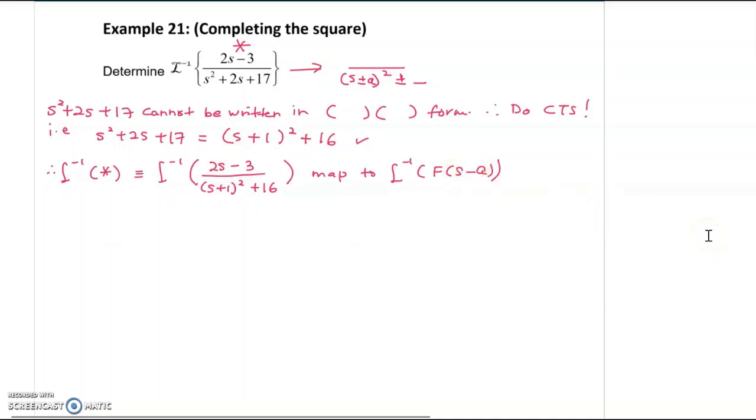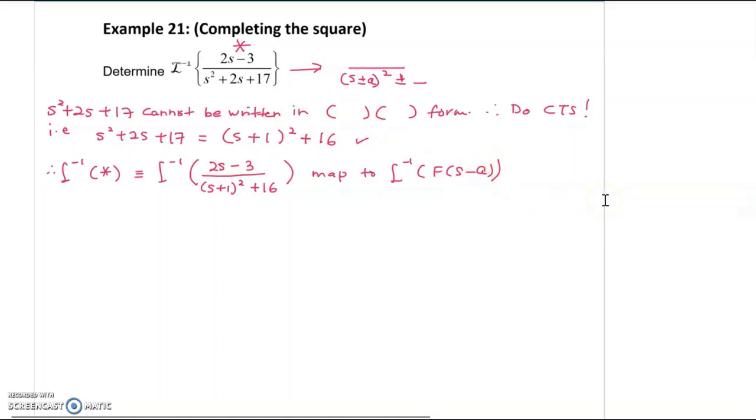But we need to be very careful here, because at the numerator, our s is not yet written in the form of s minus a. If the denominator is s plus 1, then at the numerator it should be in the form of s plus 1 as well. Only then can we completely map to this one.